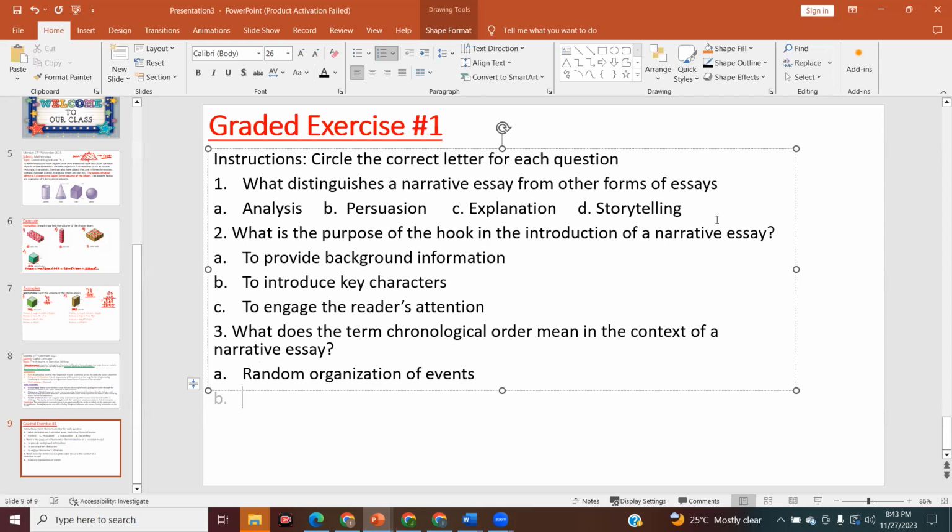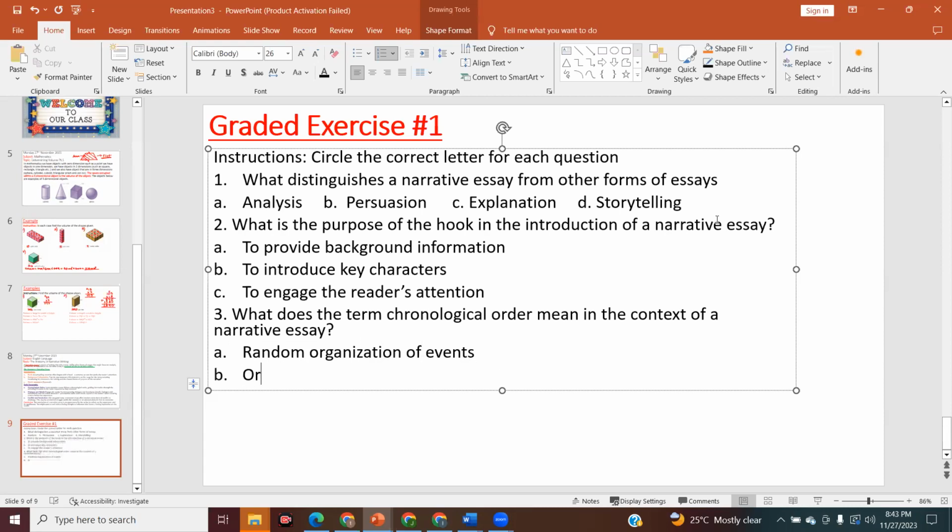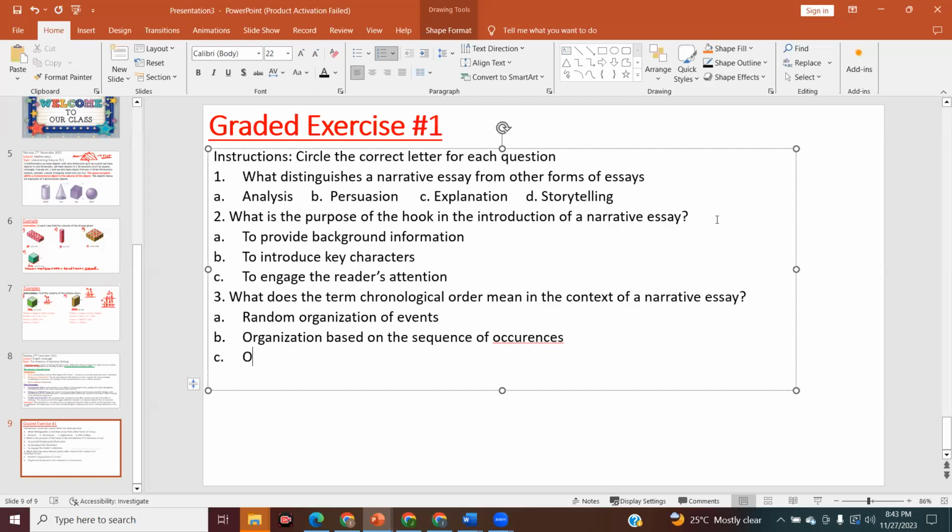Is it B, organization based on the sequence of occurrences? Or is it C, organization based on importance?